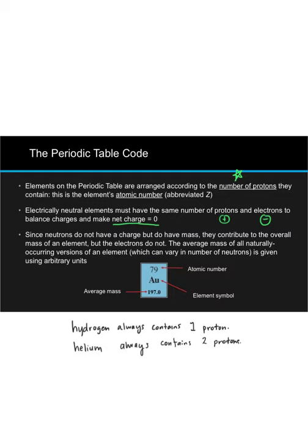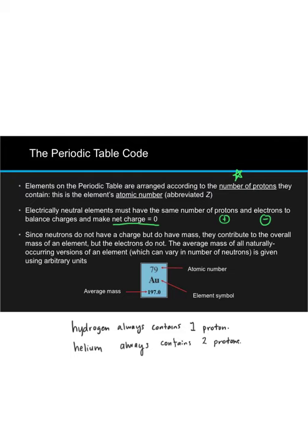Neutrons, however, are not as easily identified just from the periodic table's list. Neutrons do not contribute charge to an atom, but they do contribute mass. Therefore, another quantity reflected on the periodic table can be used to infer something about the number of neutrons, though this inference isn't always direct.